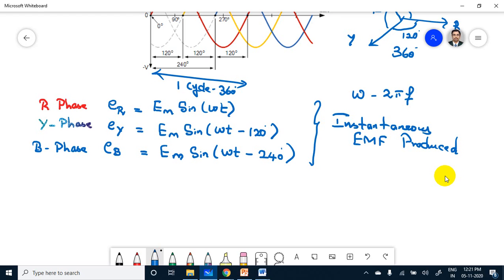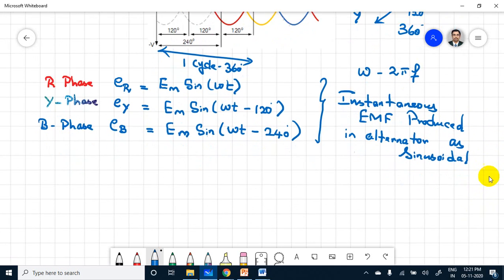Because the EMF produced in an alternator has a sinusoidal shape.